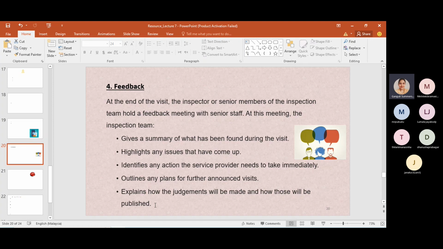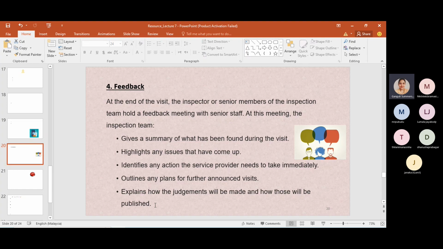When it comes to actions, there can be actions that you should take immediately, and there can be actions that are not immediate, but that you have to take in the long run. It covers whatever actions you need to take, and the things that the inspection team found during the visit.